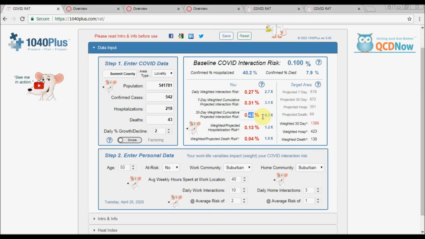But before you get comfortable with this less than 1%, you think that's minuscule, here's the problem.